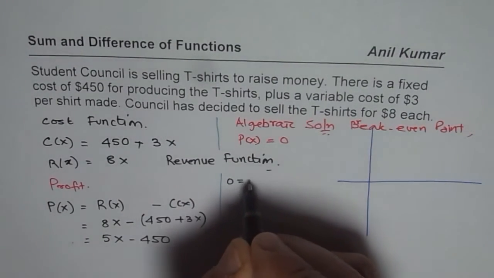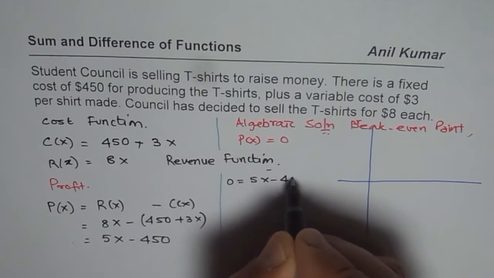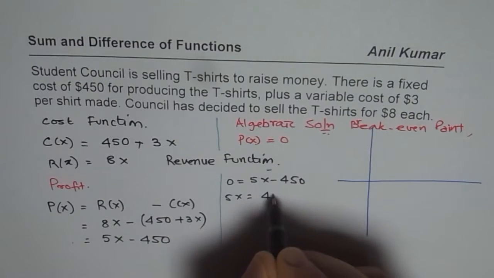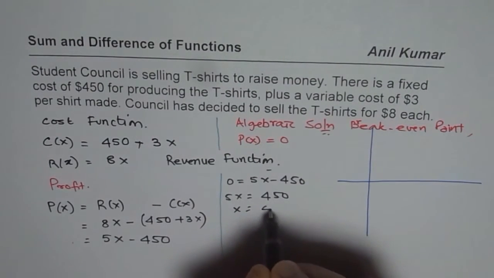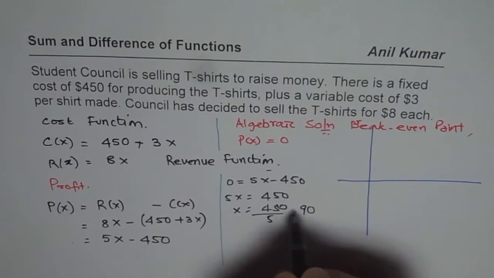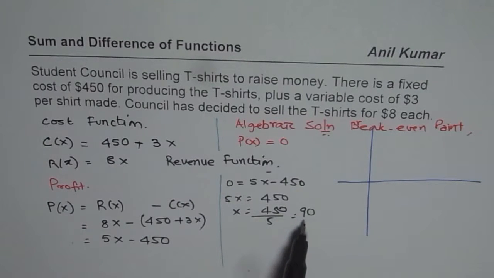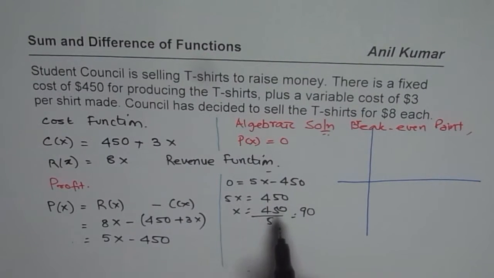So we get 0 equals 5x minus 450, or we can say 5x equals 450, or x is equal to 450 divided by 5, that is 90, right? So that means once 90 t-shirts are sold, we have taken care of all our cost and we break even, right? Revenue and cost are exactly the same at the point when 90 t-shirts have been sold, right? So that is what we can get.